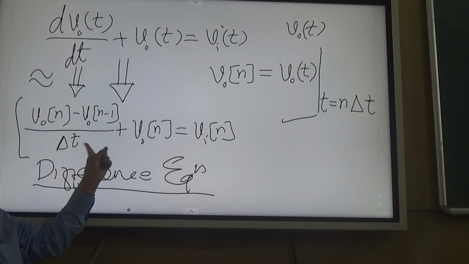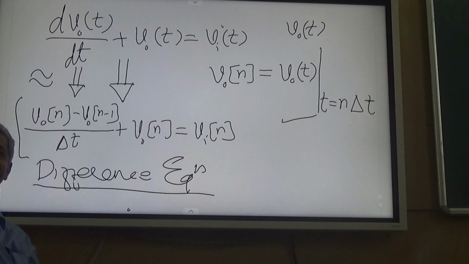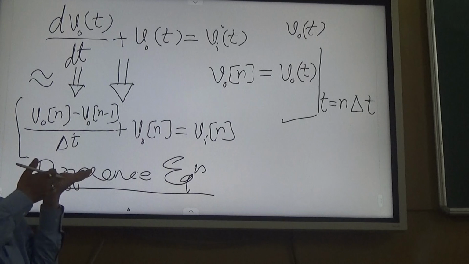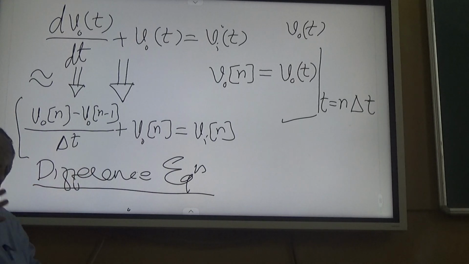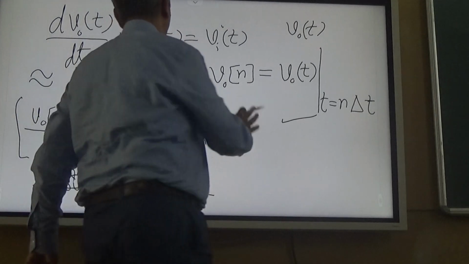Now you can solve this equation directly. How? Straight away. Now it is very simple. The crux, that d by dt term we have simplified, so that now it is very, very simple.